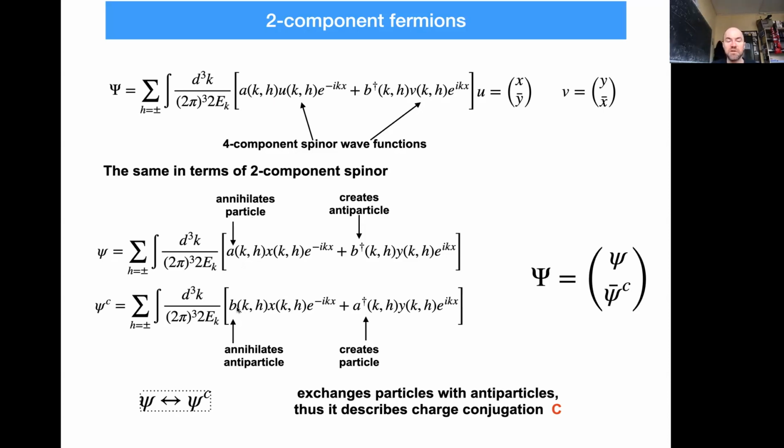So the action of the C symmetry on spinors is interchanging psi and psi c. If you're trying to write the same with Dirac fermions, you have to use some C matrices and so on, and it's very obscure. But this is really what it is. You exchange this spinor with the conjugate of this spinor and vice versa.